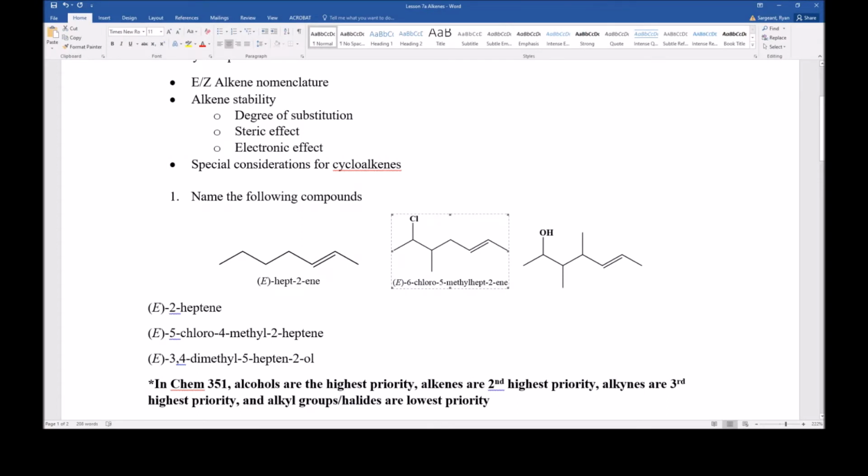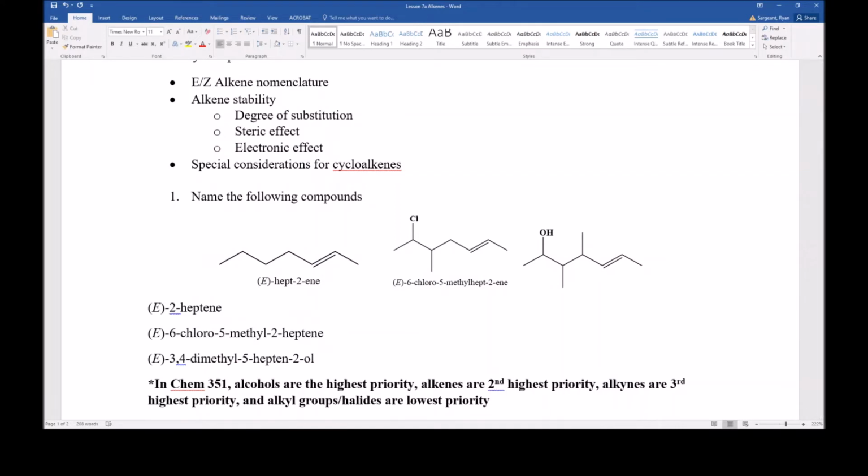No. Oh, curses. I definitely had the name wrong. I did not count correctly. That's embarrassing. 1, 2, 3, 4, 5 is the methyl, and 6 is the chloro. So yeah, I had this wrong. Thank you, ChemDraw.